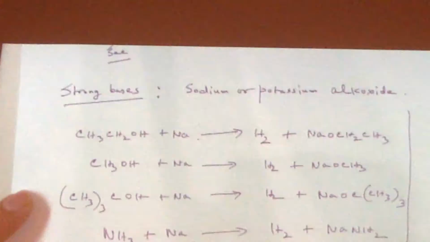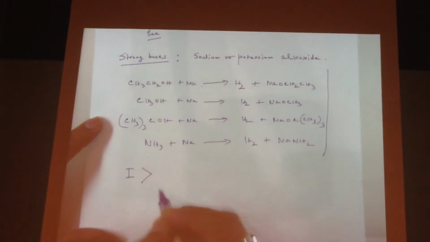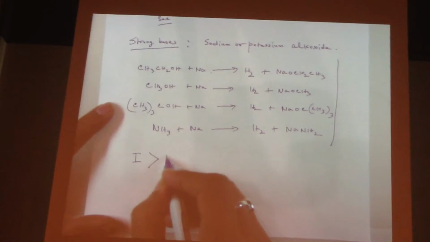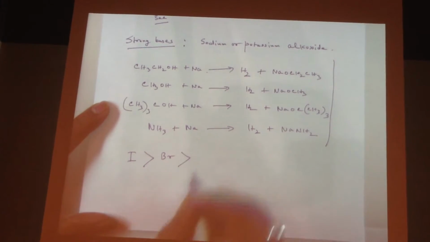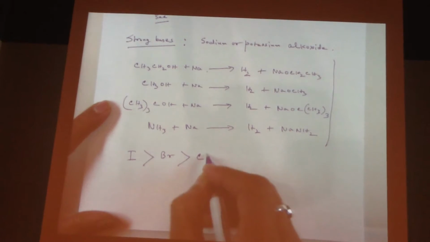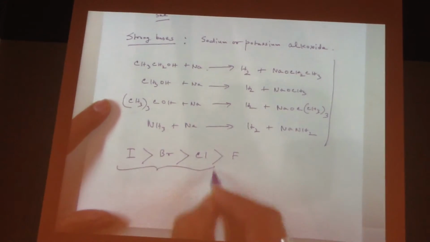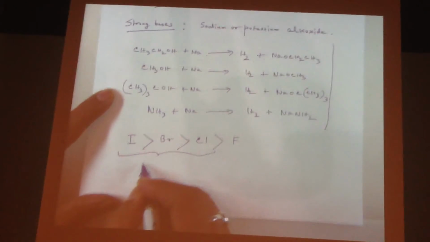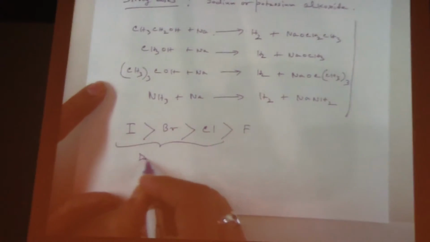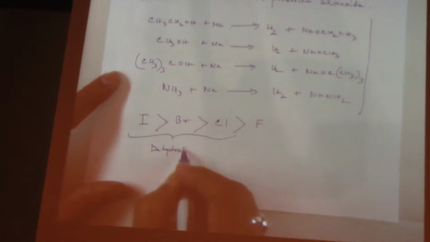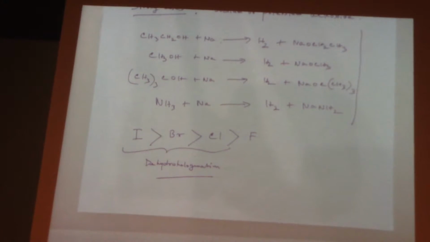Typically, in halogens, I minus works better than Br minus, which in turn is better than Cl minus, and chlorine is particularly used. So these three are normally used for dehydrohalogenation. So the reaction rate is dependent on the halogen as well, because these act as a leaving group.